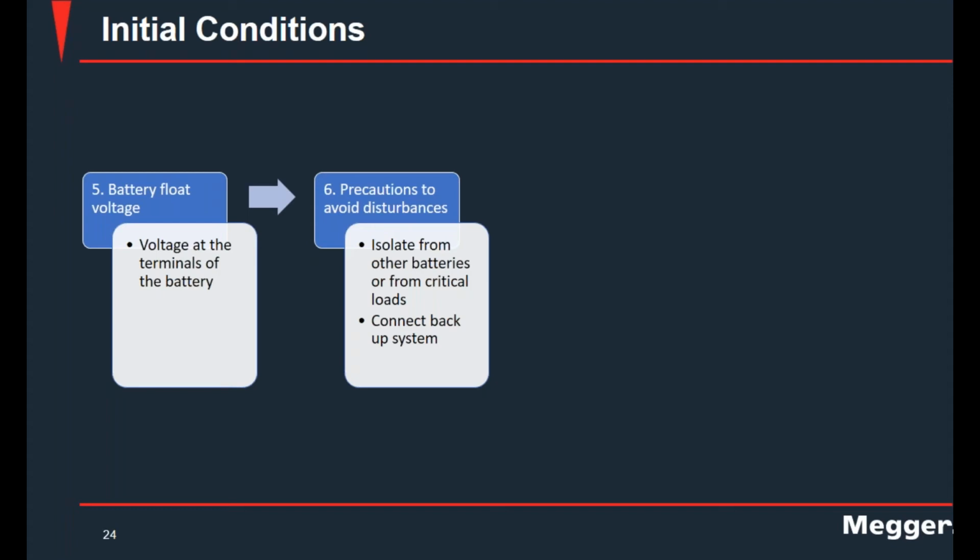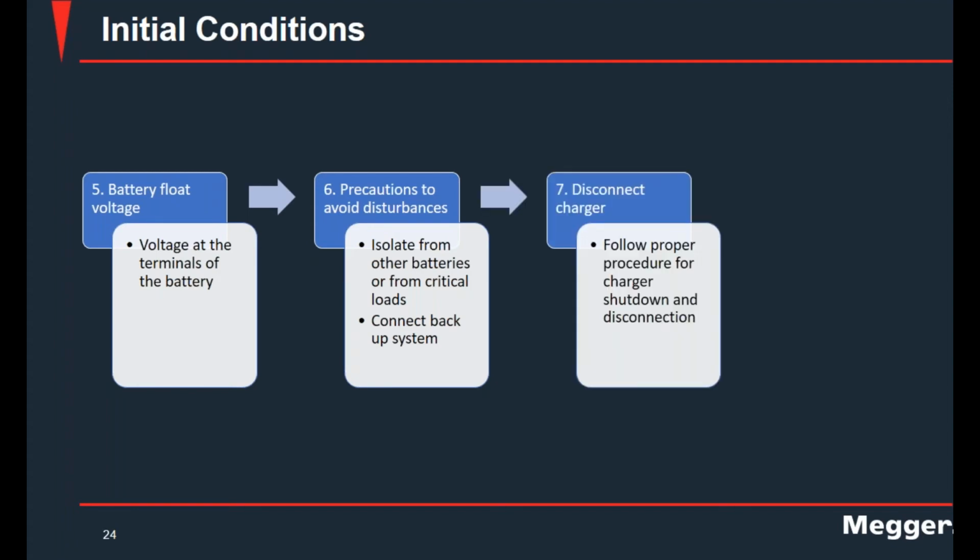If you're bringing a backup system, this probably is the moment to connect it. If you are switching to another battery, this would be the moment to do that switching. And then you disconnect the charger, following the proper procedures to avoid any disturbance in the system. And finally, you have the battery ready for testing.